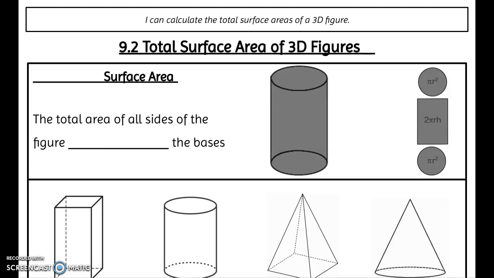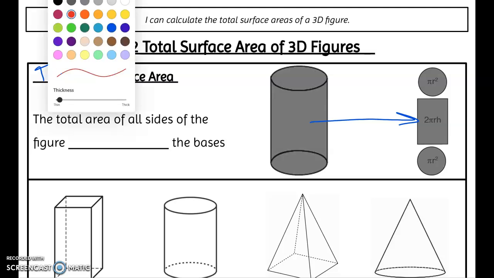Okay, so we are going to continue our notes with 9.2, which is total surface area of 3D figures. Today we're looking at the total surface area. Like yesterday, we're still going to find the lateral surface area, that rectangle shape in the middle.